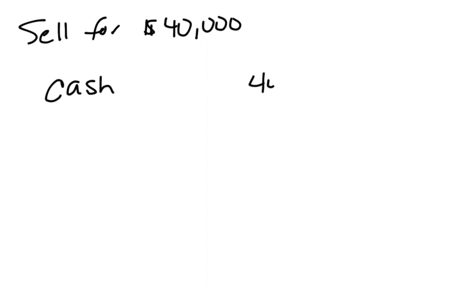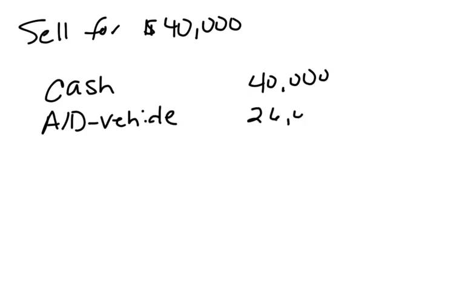We're going to debit cash for $40,000 because I really am getting cash. But I'm really getting rid of the vehicle. So the same things we talked about before that are tied in with the vehicle, I need to get rid of. So there's that accumulated depreciation account that needs to go away for $26,000. Because remember, the first thing I would do if I was selling this instead of retiring or scrapping this, I would still need to make that entry to update or catch up the depreciation.